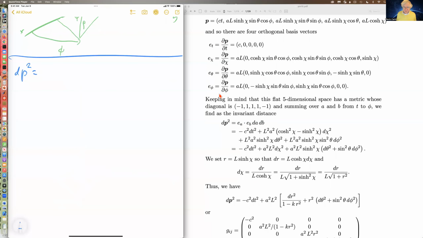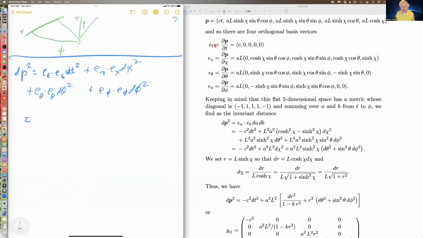So this is et dot et dt squared, my writing is just dreadful, plus e chi dot e chi d chi squared plus e theta dot e theta d theta squared plus e phi dot e phi d phi squared.